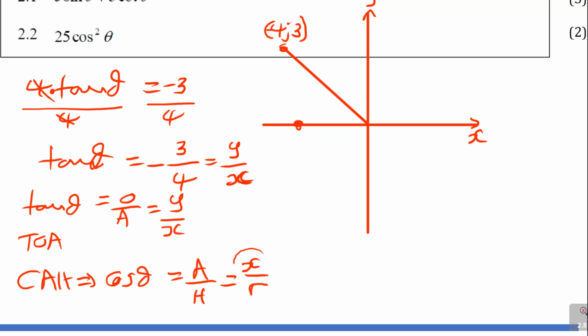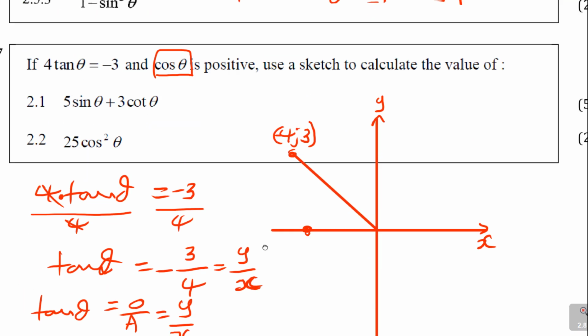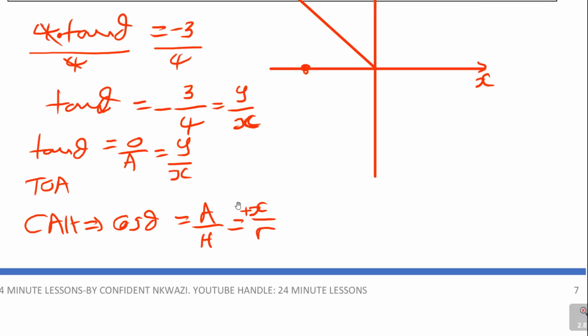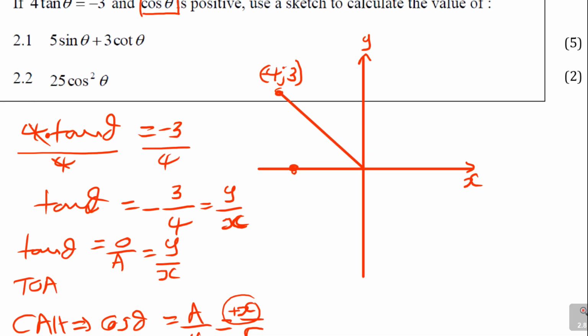Now I know, for me to get a positive cos, it means my x must be positive. You see now? Because they told you here, x is positive. So how do you get a positive cos? It means x must be positive. So there is no way it can be this part. Here you see, x is negative, so this is wrong. Let's try another quadrant.